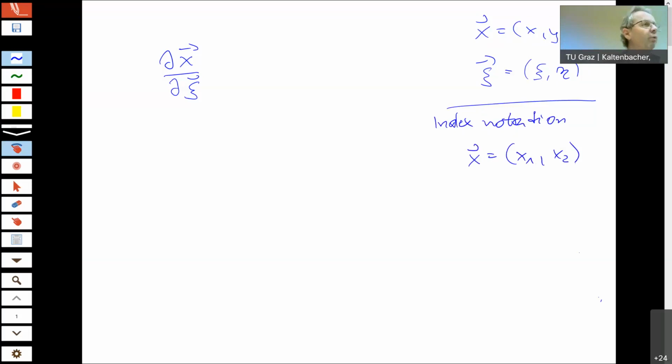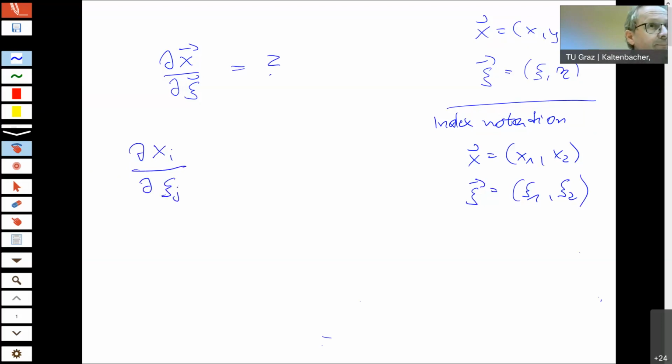Yeah, so x1 would be x, x2 would be y, x3 would be z. Yeah, and the same we do for psi, psi1, psi2. It's just easier. Okay, so what we write here is we do the derivative of xi, i is going from 1 to 2 in 2D or 1 to 3 in 3D, with respect to psi j.